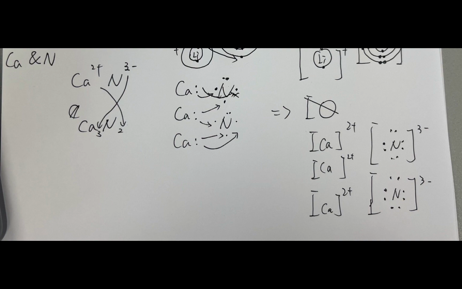It usually shows positive, like in NH3 it shows +3, but in this example it shows -3. By simply applying the cross method, we get 3 calcium and 2 nitrogen in each compound. So the final product is calcium nitride.